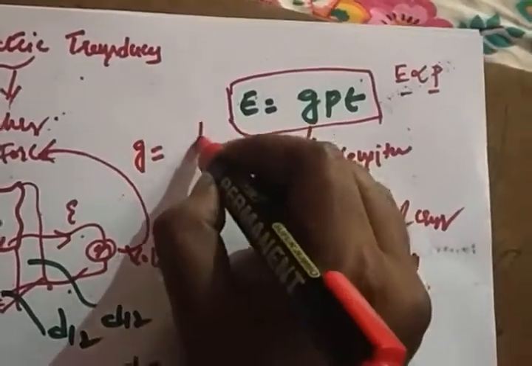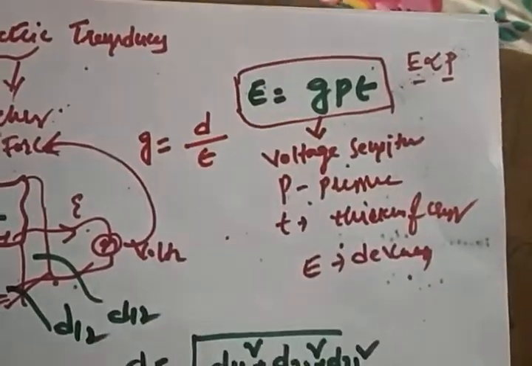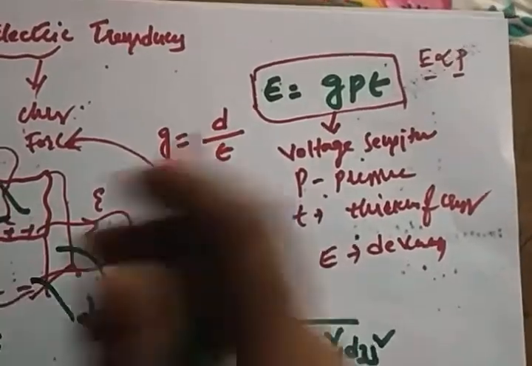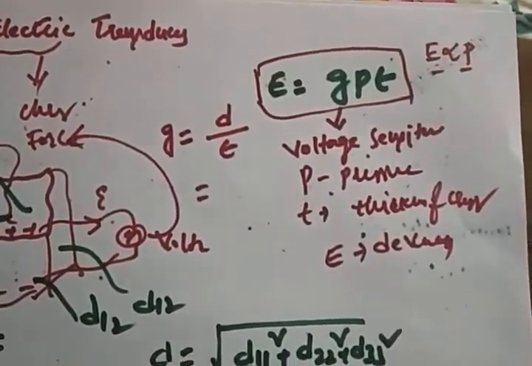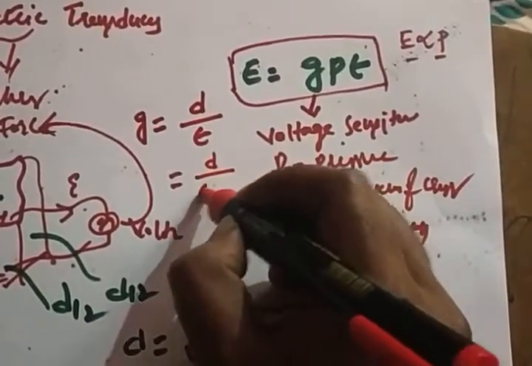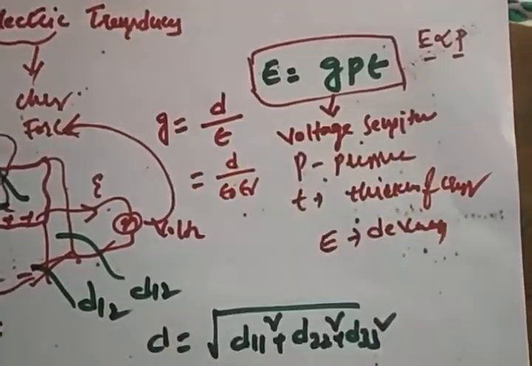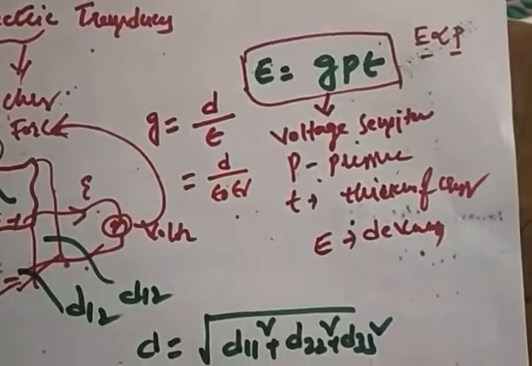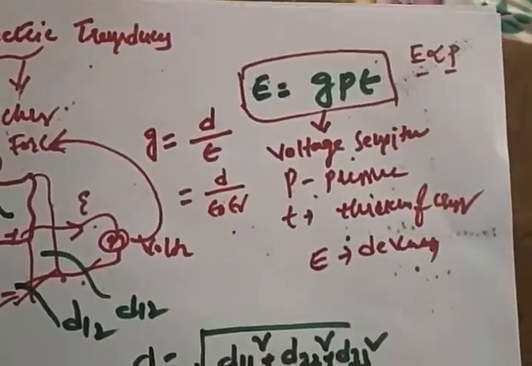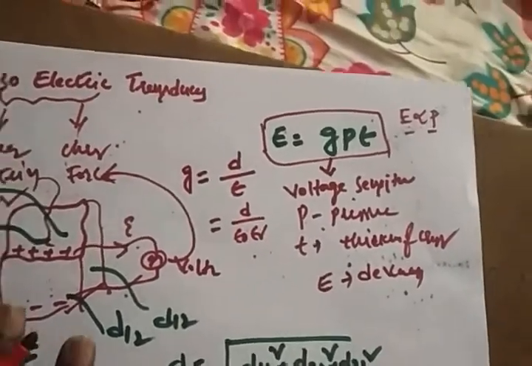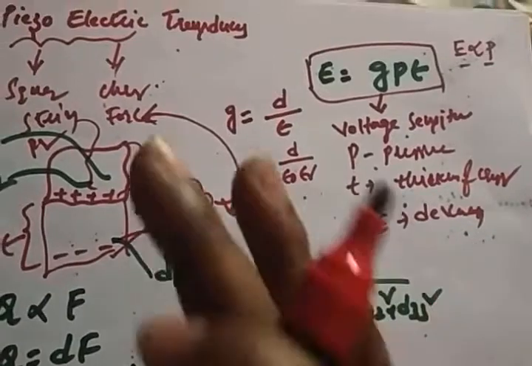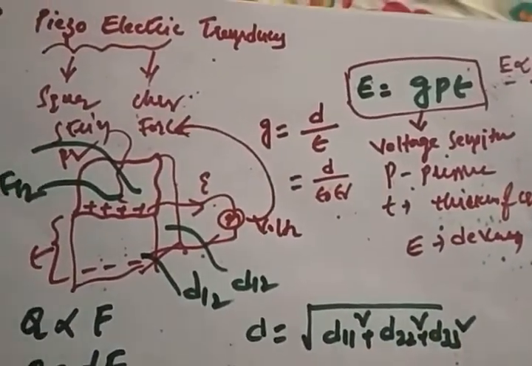What is the formula? g = d by epsilon, where d is the charge sensitivity and epsilon is epsilon naught epsilon r, either free space or relative permittivity, whatever it may be. This is the equation that we derived in our last session regarding the piezoelectric transducer.